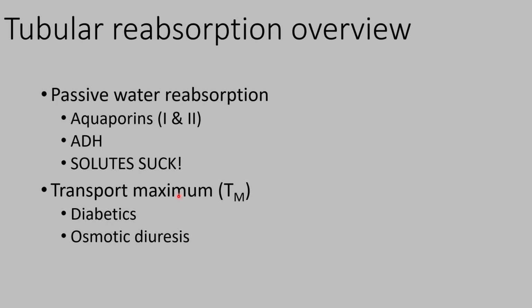What we say is we have exceeded transport maximum for glucose. That means that even though typically we reabsorb 100% of glucose, sometimes there's more glucose than those proteins are able to reabsorb. They can't work fast enough. There's not enough of them.